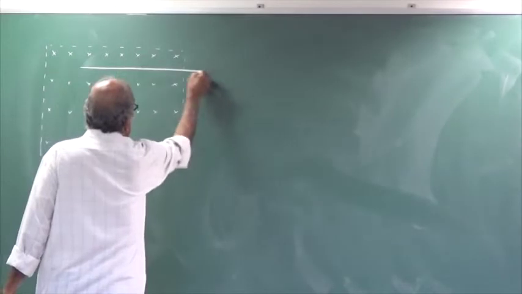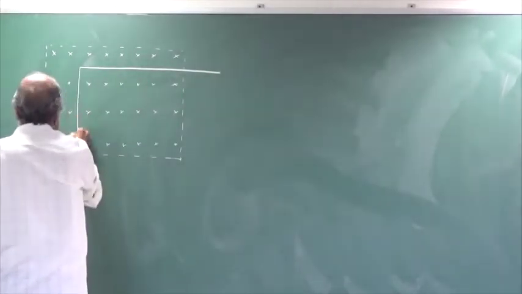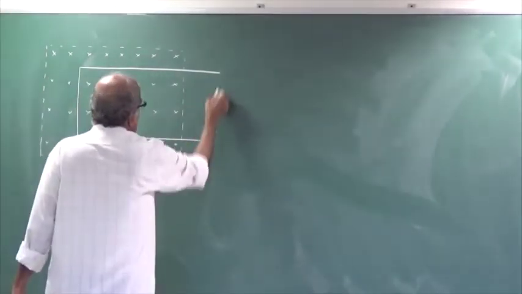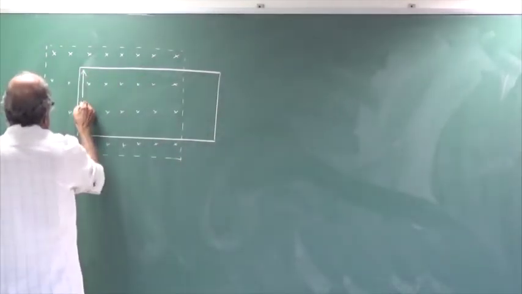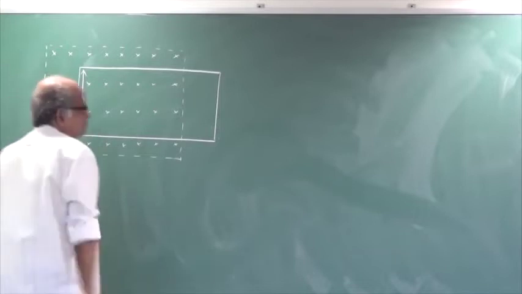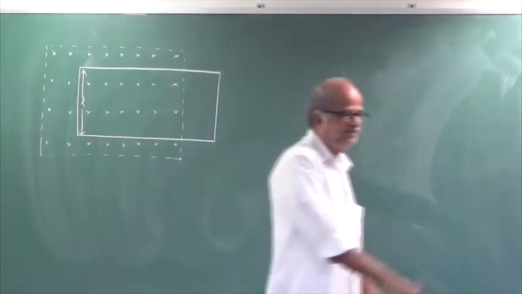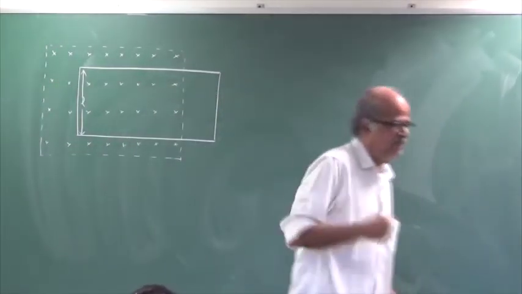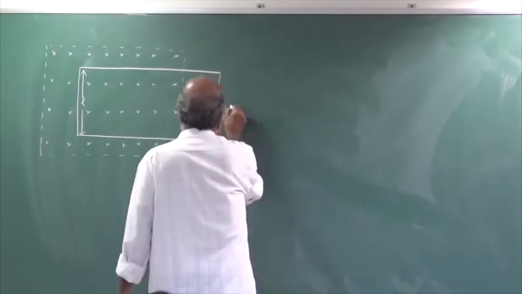Fringing is there, we will neglect that. The field is directed into the page. I take a metal frame of width L, say. And I pull it out with a velocity v, say.